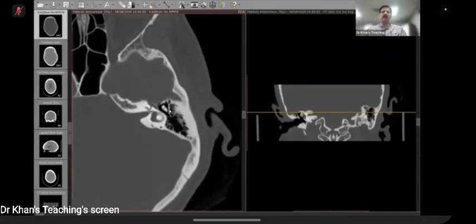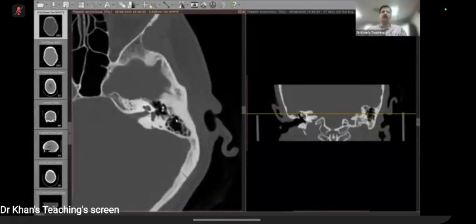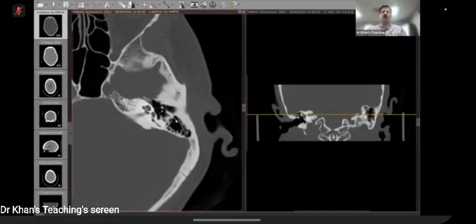On the other hand, on the axial slice, we can see that this lateral semicircular canal is projecting here. As we go inferiorly, I am going into the level of the mesotympanum. And here you can see the pyramidal eminence has come into play. You can see the scutum, the stapes here.